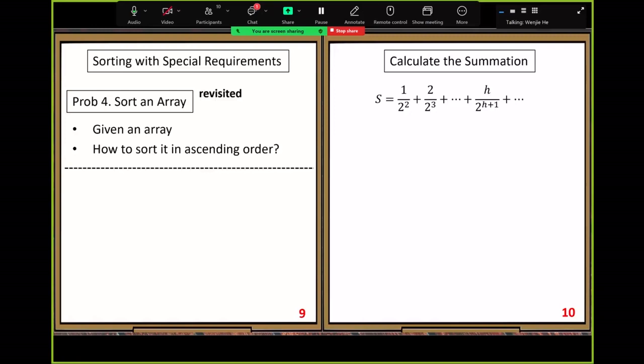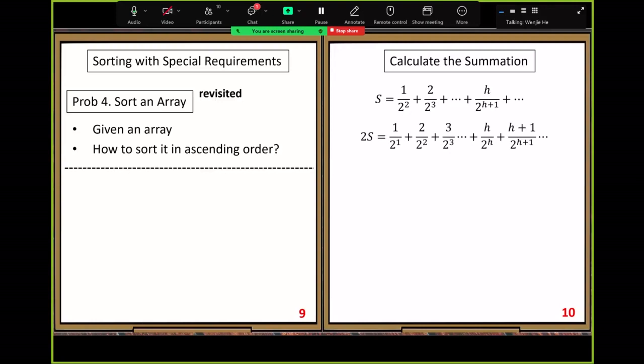That property is very useful. We want to use that property to help us make this summation easier.